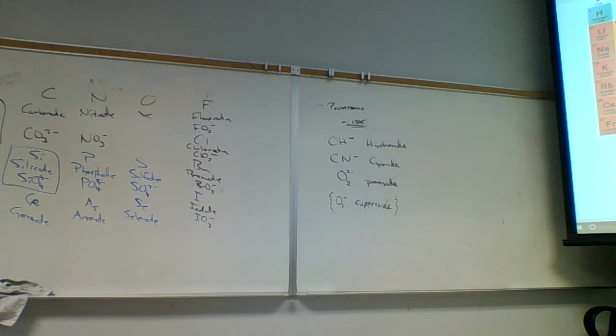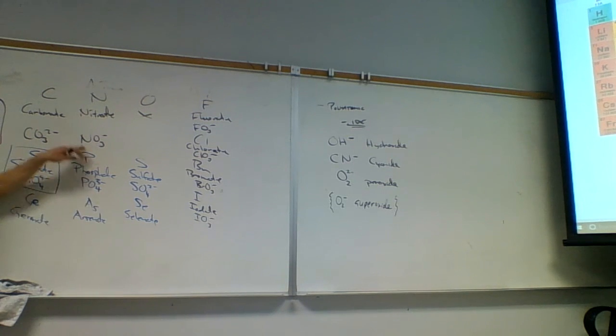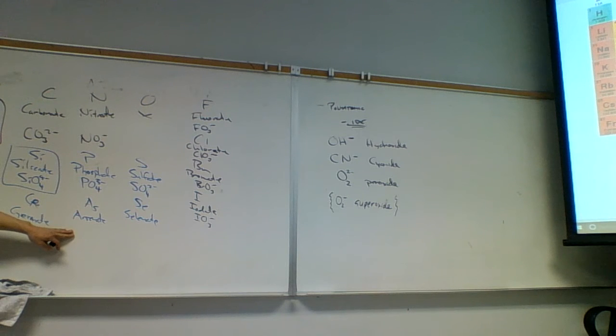That pattern might let us predict. Let's go here. Nitrate's this, phosphate's this. What do you think arsenate is? AsO5 5 minus? AsO6 5 minus? What do you think?